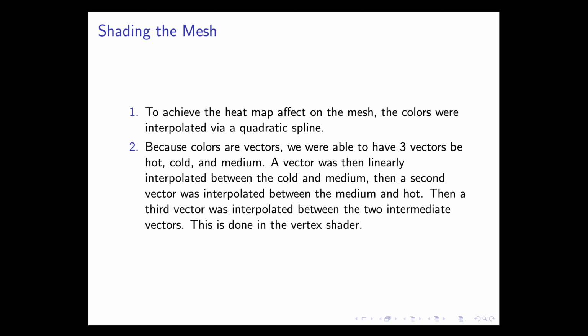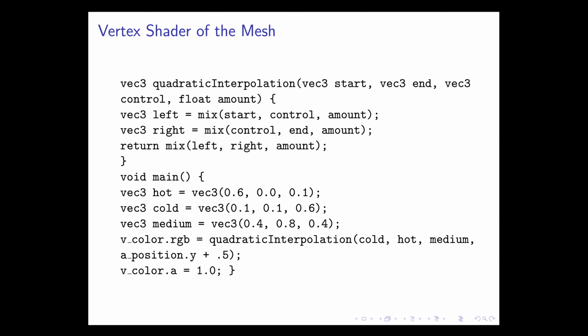And here's where we do this. I have this function, quadratic interpolation, inside of the mesh shader. It takes a left point and a right point, and it uses the mix function, which is built into GLSL. It's part of the GLSL specification, and mix does a linear interpolation between the first vector, the second vector, and the amount that you want.